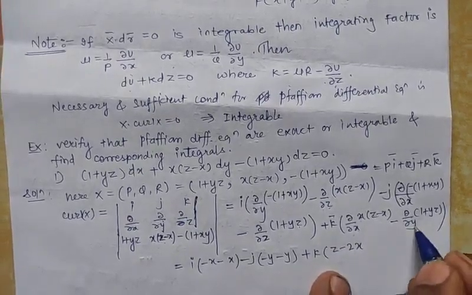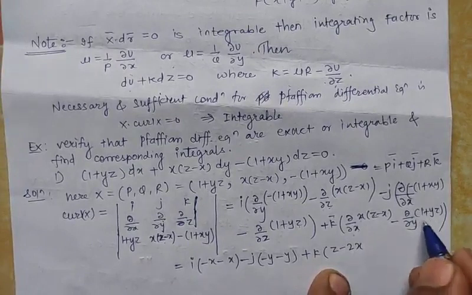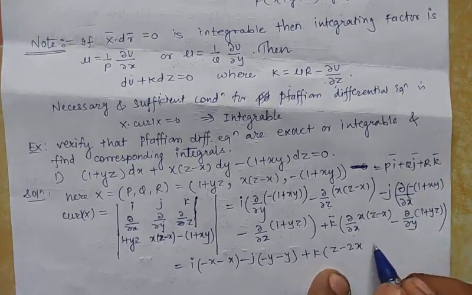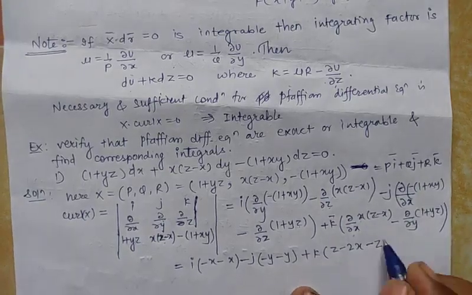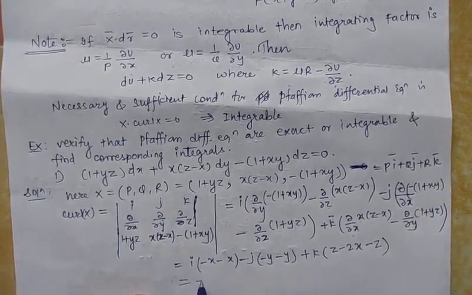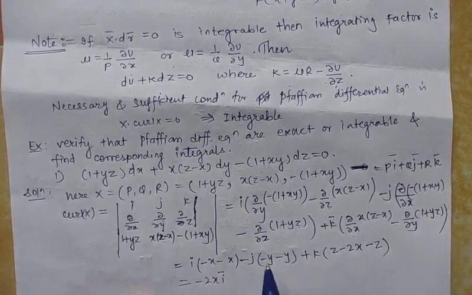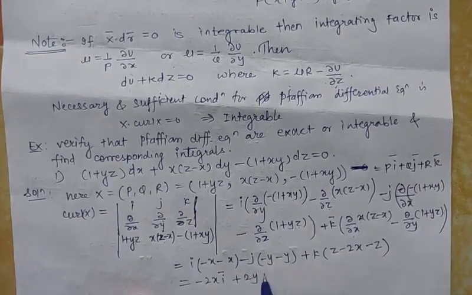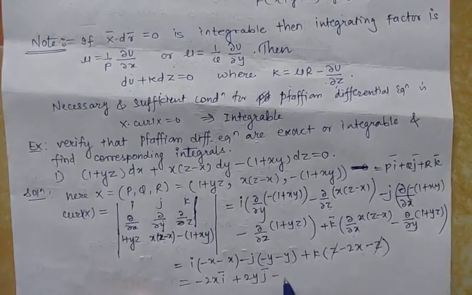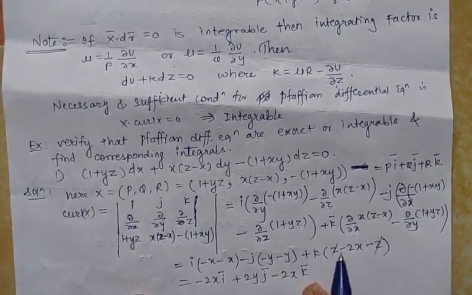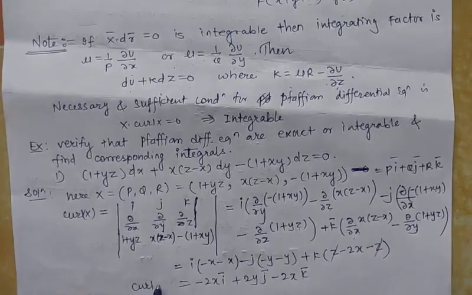Next, the derivative with respect to y is minus z, which implies that we get minus twice x i bar plus twice y j bar, and here plus minus z get cancelled, so minus twice x k bar. So this is curl X.